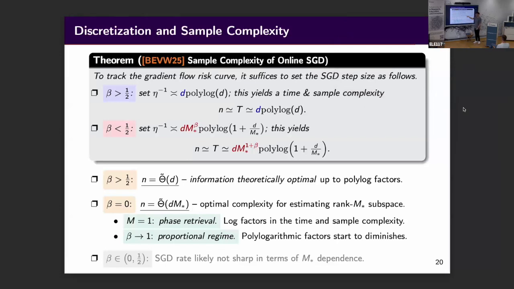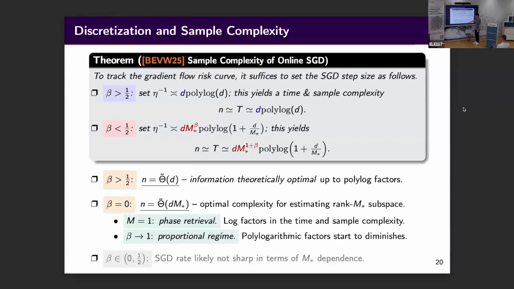But you'll see that this log gradually diminishes, which means that when the width becomes linear, I would just get D squared, not D squared log D. This makes sense because intuitively this log D search phase appears when you're trying to find some very low dimensional subspace. But as beta becomes larger, your weight already spans more directions, so this search phase is going to become shorter.